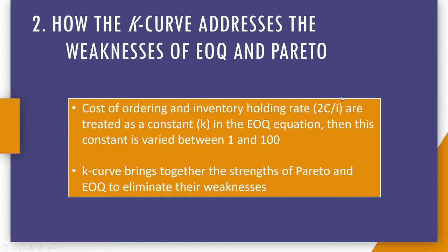So this one here: 2 times C divided by I. Then this constant is varied between 1 and 100. The Kcurve brings together the strengths of Pareto and EOQ to eliminate their weaknesses and is used in practical applications and industries that handle numerous SKUs.